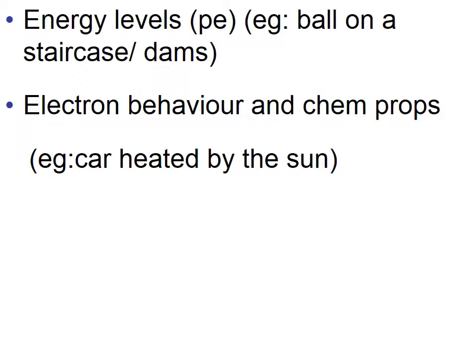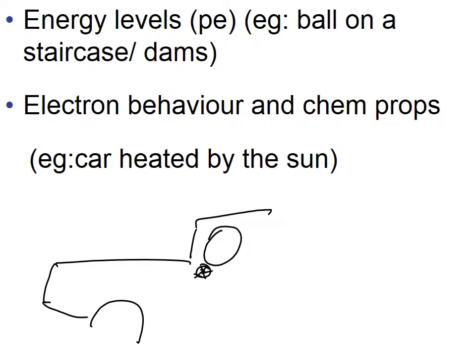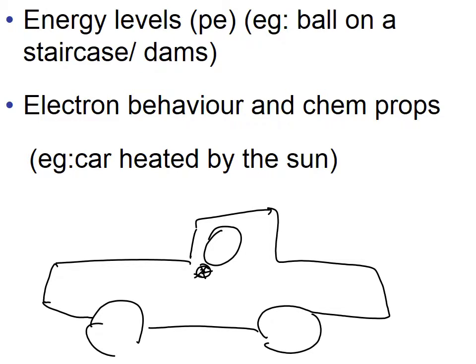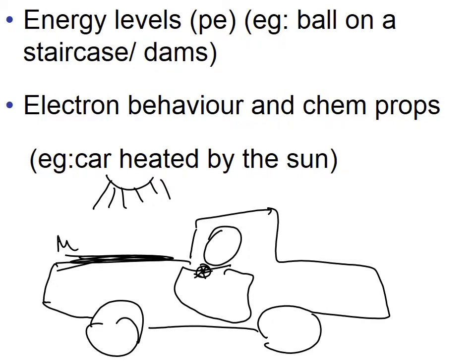An example is, supposing this is your car and this is the bonnet of your car, and this is the wheel, and this is the door, whatever. So this is the bonnet of your car, and you have the sun. Now this is made of metal. What happens is the sun's heat is falling on this.